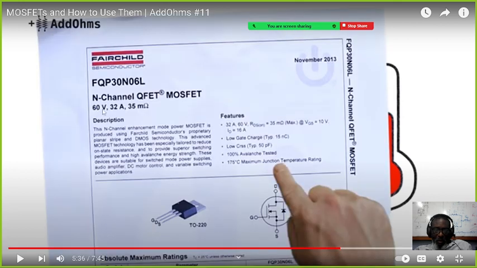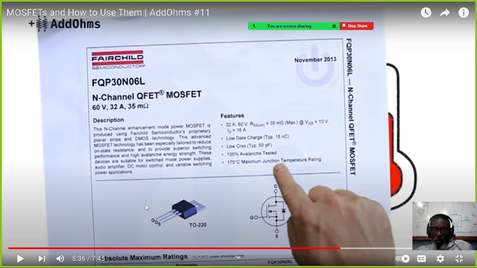Look at this right here. This N channel, this particular one, can handle 60 volts, 32 amps, and the RDS is 35 milliohms. So this can handle a whole lot of current at 60 volts.